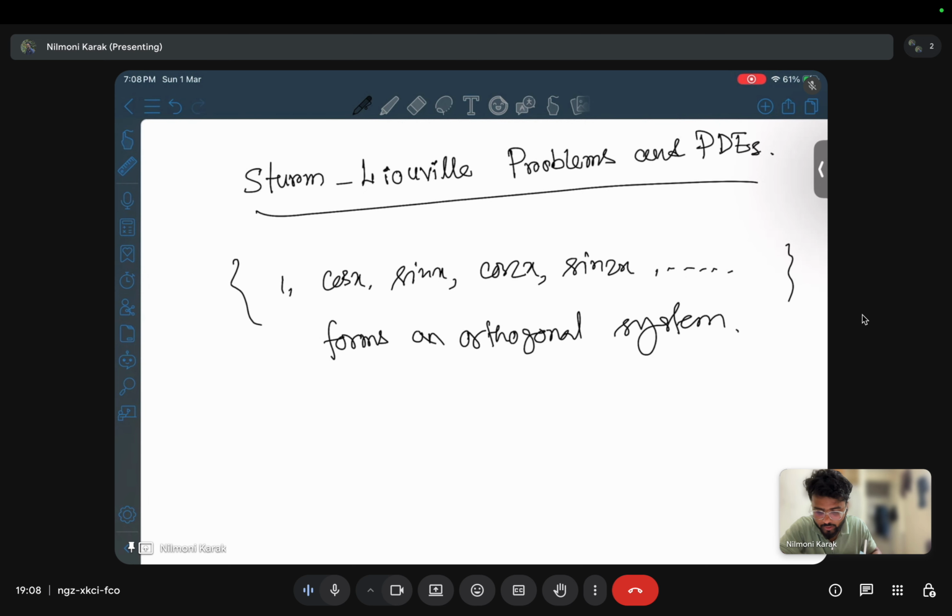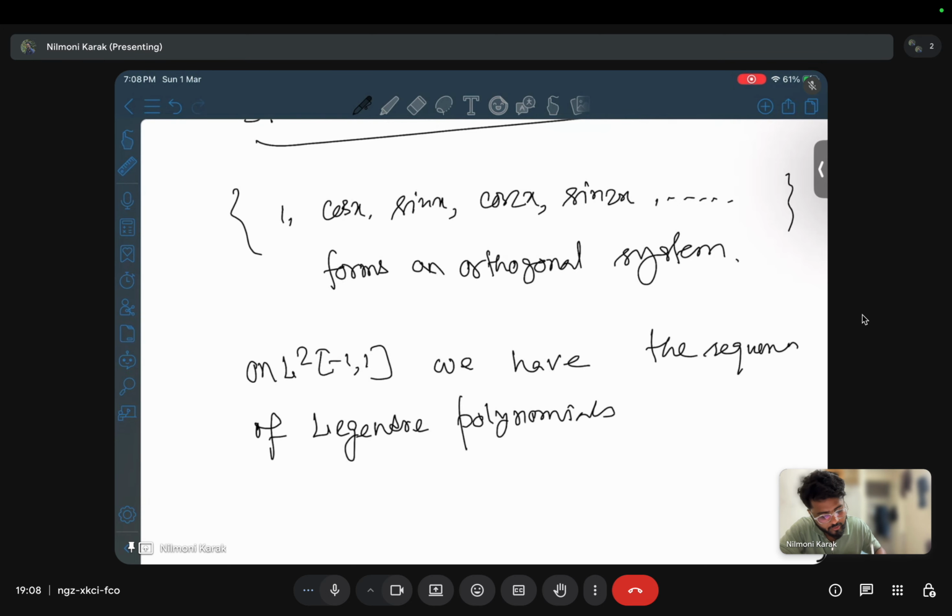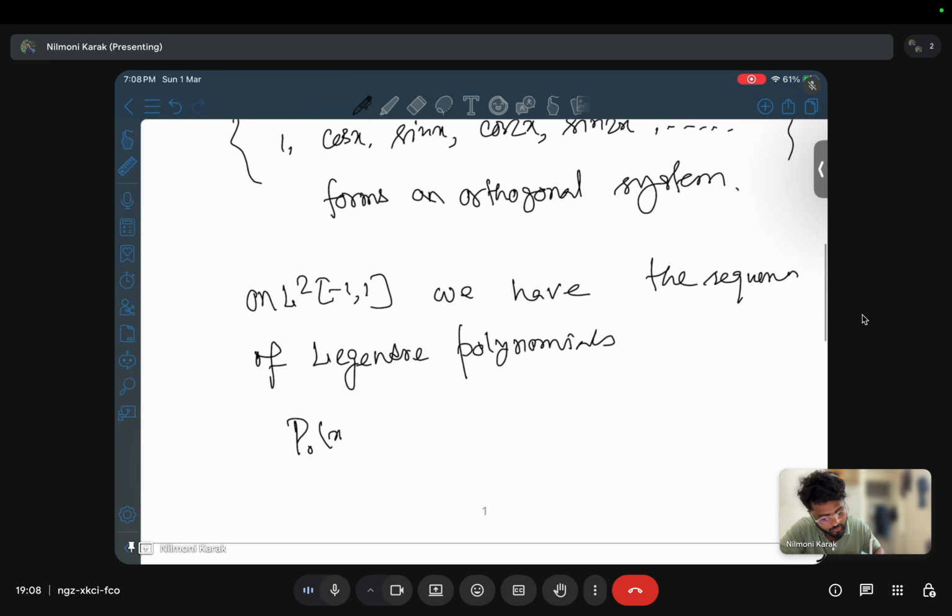So on L2 of minus 1 to 1, we have the sequence of Legendre polynomials, that is P0(x).